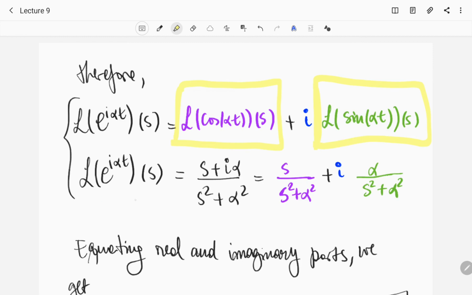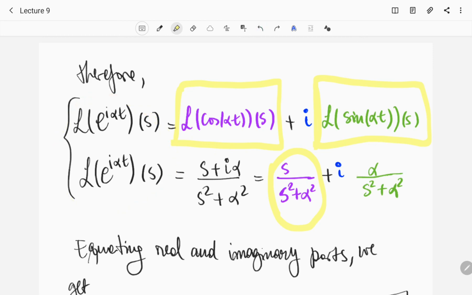And then using the definition, we get this expression that we can split in these two pieces because of this plus here. And we have s over s squared plus alpha squared and alpha over s squared plus alpha squared. And guess what? We know that these two guys are identity, right?